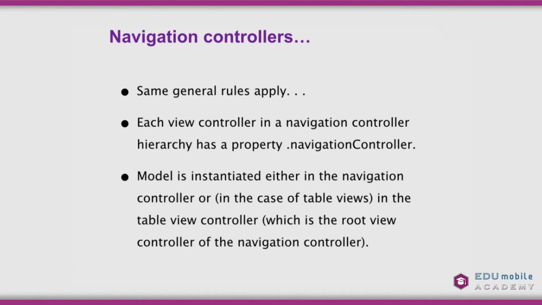However, instead of .tabBarController, we have .navigationController for each view controller inside a navigation controller hierarchy. So the model is instantiated either in the navigation controller or, in the case of table views, in the table view controller. And the table view controller is the root view controller of the navigation controller.